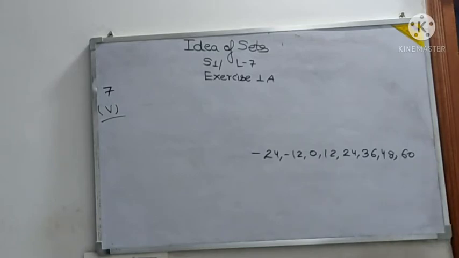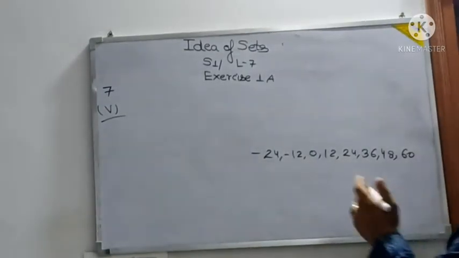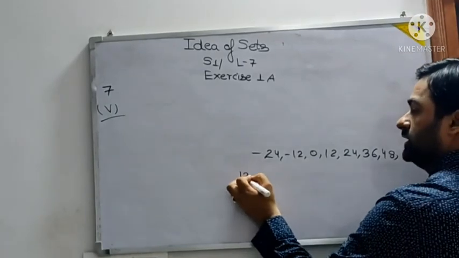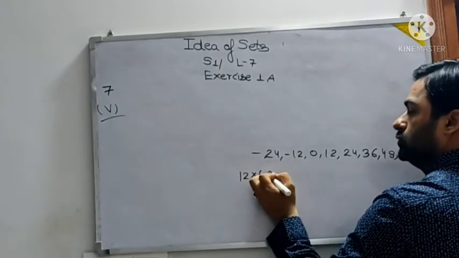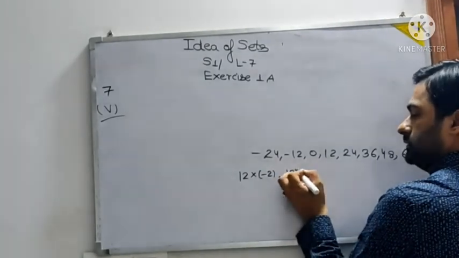Now see, all these are multiples of 12 only. But this is what? The first one is 12 into minus 2. Second is 12 into minus 1.